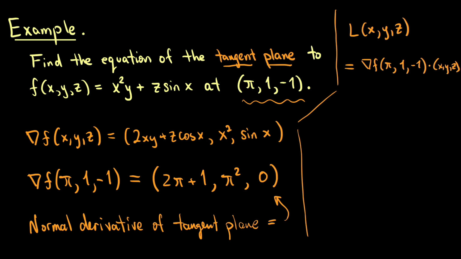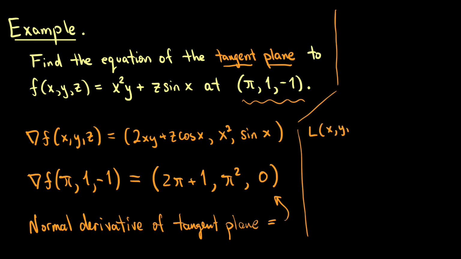Just a second, this is a mistake. Let me move this down. Okay, so I'm going to write it like this. L of x, y, z equals 2 pi, 1, pi squared, 0, and then I'm going to have x minus this point, y minus this point, z minus this point.